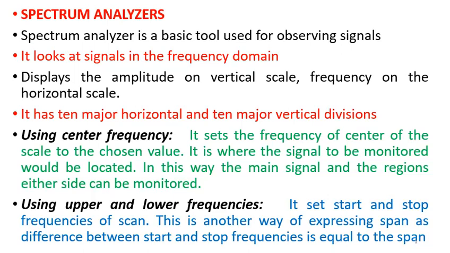The way we can use the spectrum analyzer to visualize, monitor or analyze the frequency behavior of any signal is what we call the center frequency approach. In this method, we normally set the frequency of the signal we are expecting, because for each system you may have an idea of the frequency at which it operates.